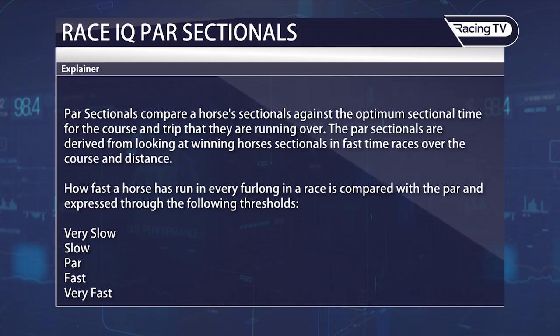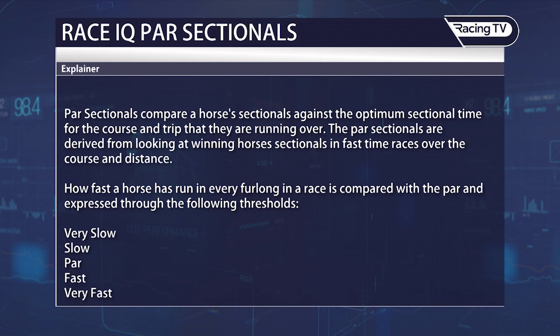Let me give you a bit of an explanation of what par sectionals are and how they are derived. So, par sectionals compare a horse's sectionals that he achieves in any single furlong against the optimum sectional time for the course and trip that they're running over. The par sectionals are derived from looking at a horse's sectionals in fast time races over the course and distance.